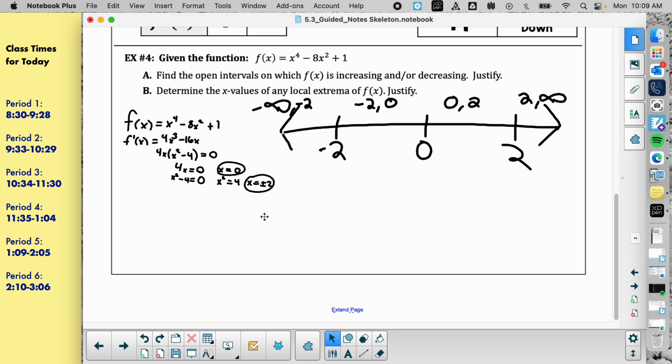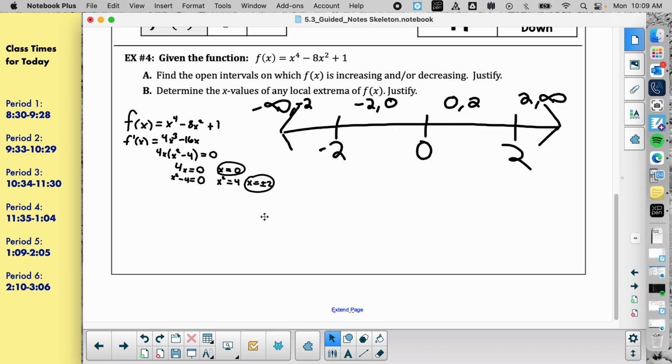Jesse, do you think you can write down the info from negative infinity to negative 2? So the info would include the test value and then whether that section is increasing or decreasing. Second section, I think we're on, from -2 to 0.